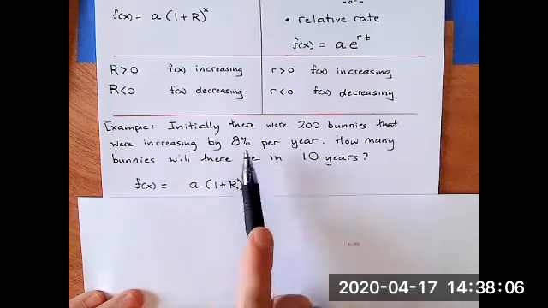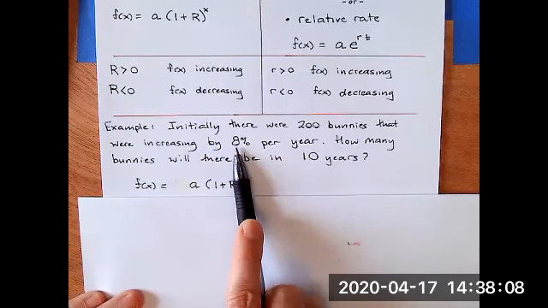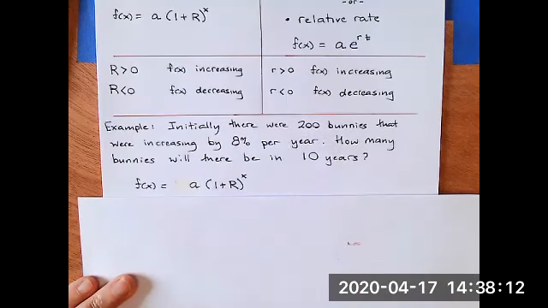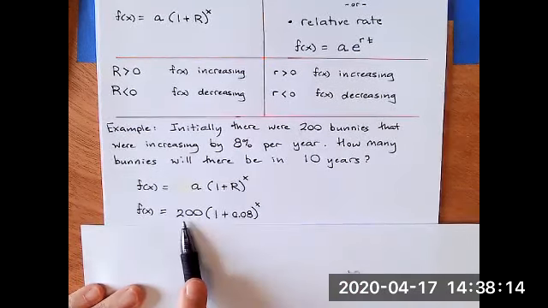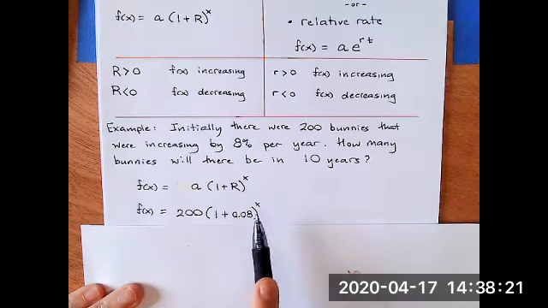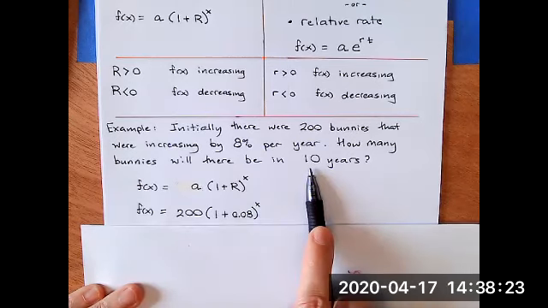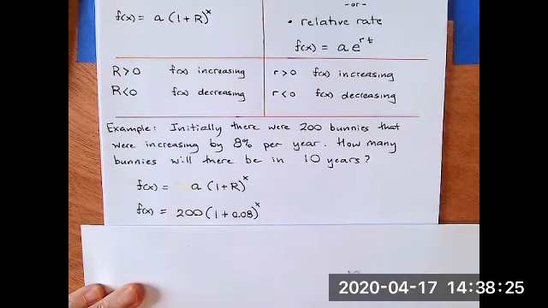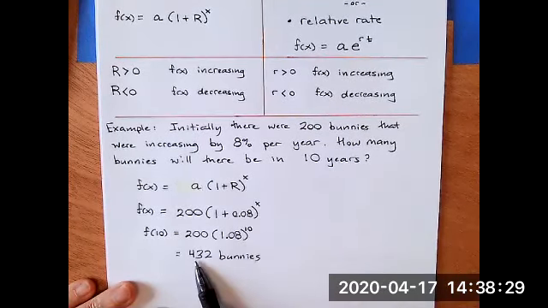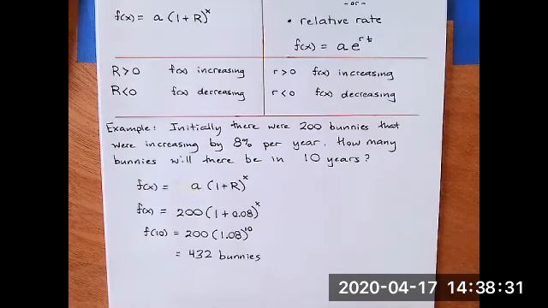This is increasing, so we use positive 8%. My initial value is 200. So the function is going to be 200 times 1 plus 0.08 to the x. And to find out how many bunnies there will be in 10 years, we put 10 for x, and we get 432 bunnies.